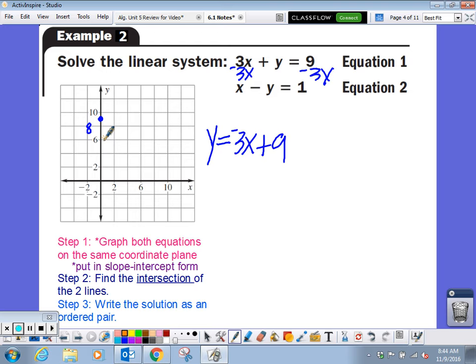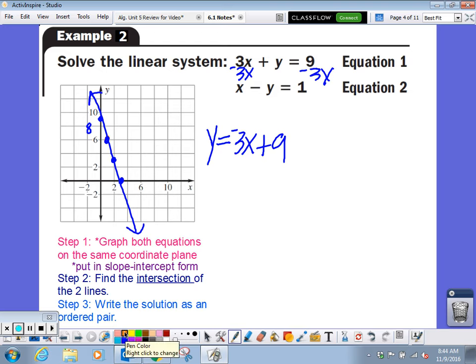So if I go down 3 to 6 and over 1, I'm actually in between the 0 and the 2. Then I'm going to go down 3 more. Now if I'm at 6 and I go down 3, I'm going to be at 3. And I go over 1, and then down 3, over 1. And I'm just going to assume that those 4 points are going to be enough for me right now. I'm going to draw that line in.